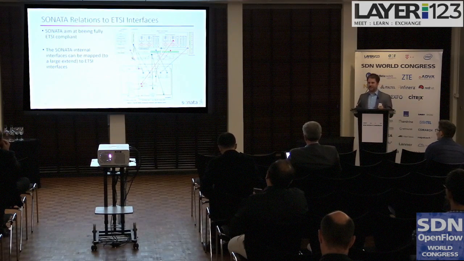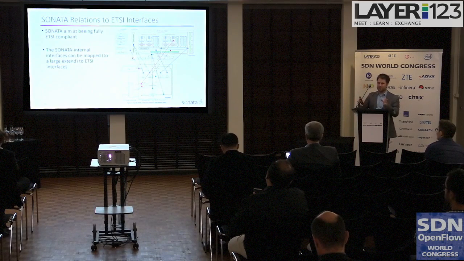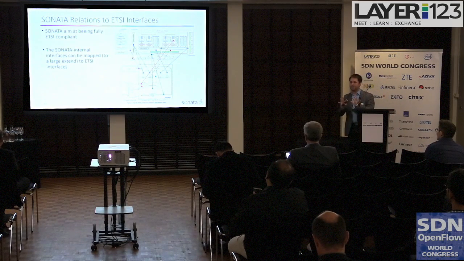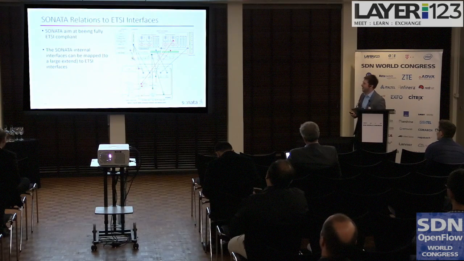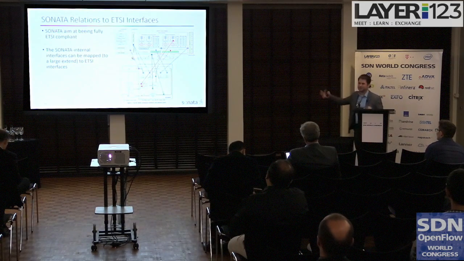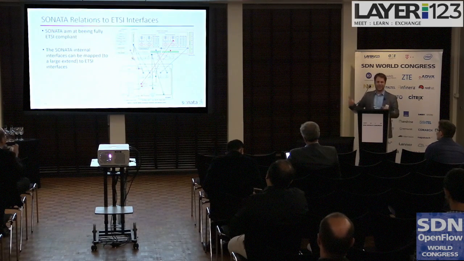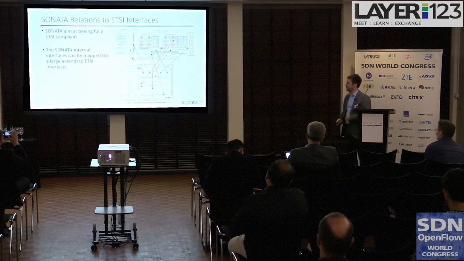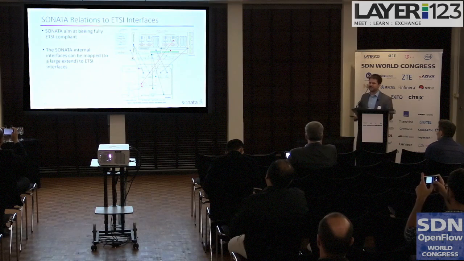We have a pluggable architecture and the different components have various interfaces, and we tried to come up with this picture that maps our interfaces to the ETSI reference model and the interfaces that are described there. So it's not really a one-to-one mapping all the time.